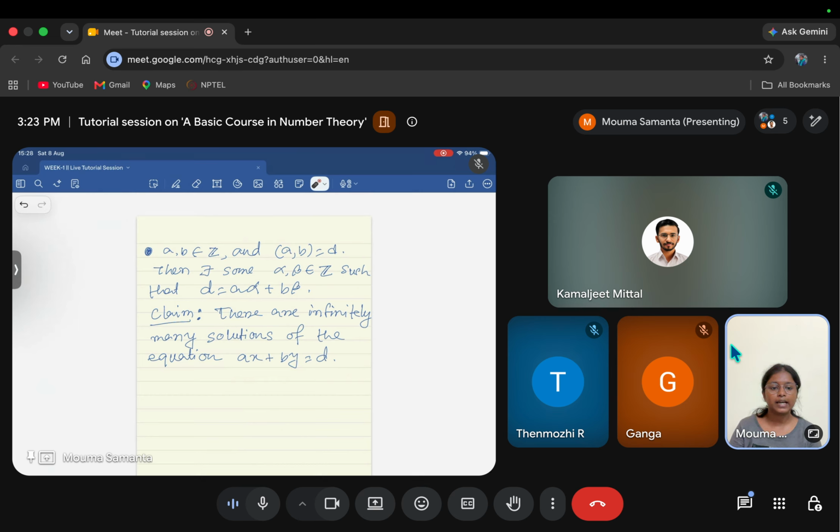That means there will exist infinitely many tuples x, y such that this x, y satisfies this equation.